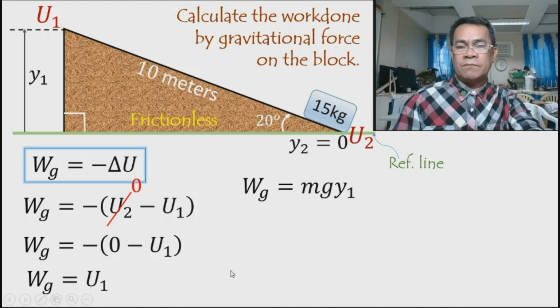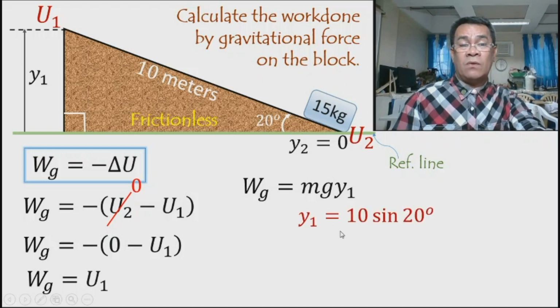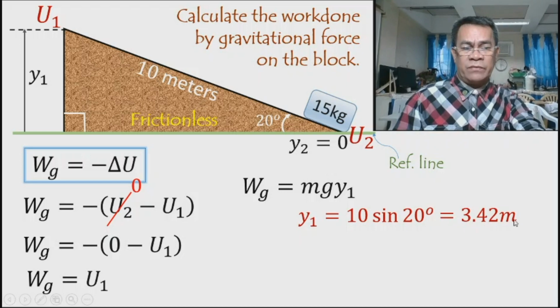So what is U1? U1 is mgy1. Okay, so take note, our mass is 15 kilograms, our gravitational acceleration is 9.81 meters per second squared. And what is y1? Y1 is 10 sine theta, opposite over hypotenuse, solving for y1. Y1 is 10 sine 20 degrees. Okay, so then substitute everything, and this is 3.42 meters.